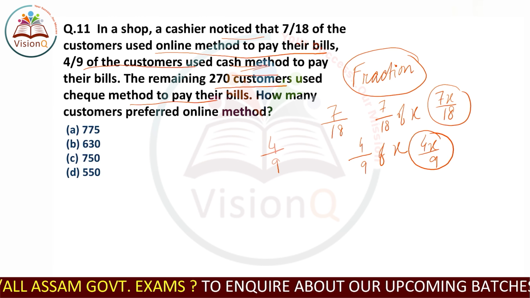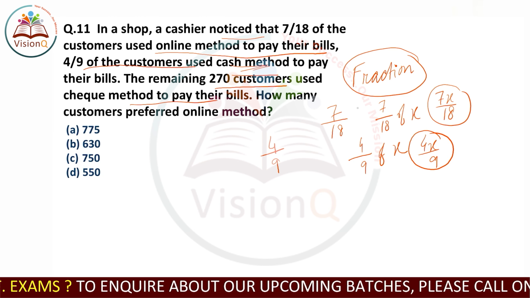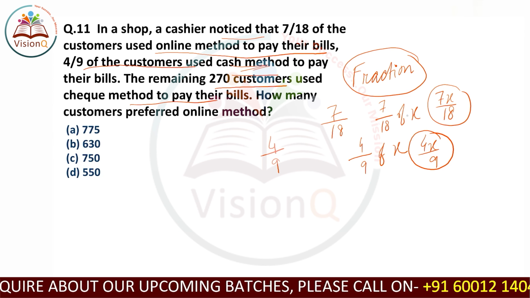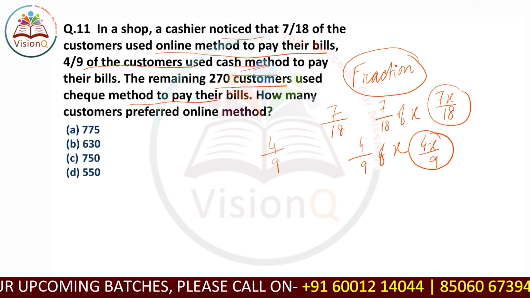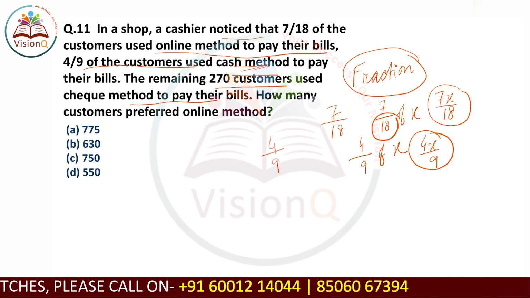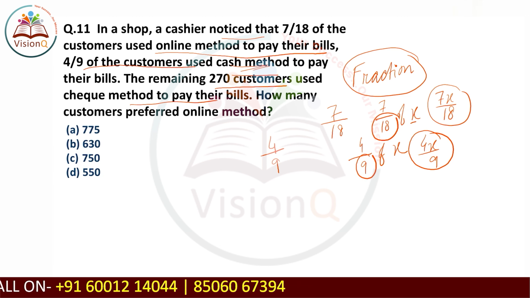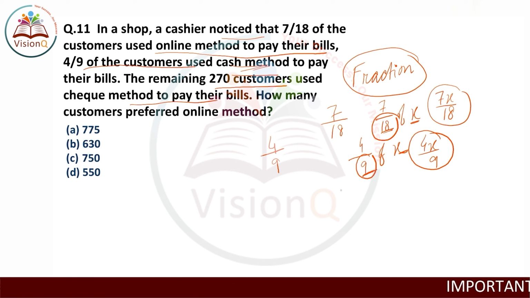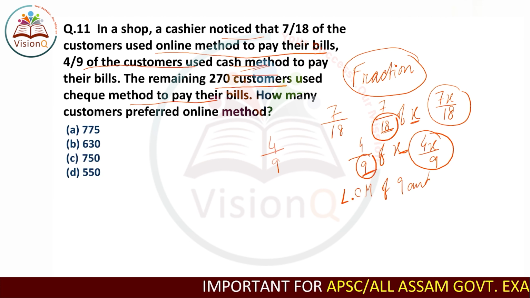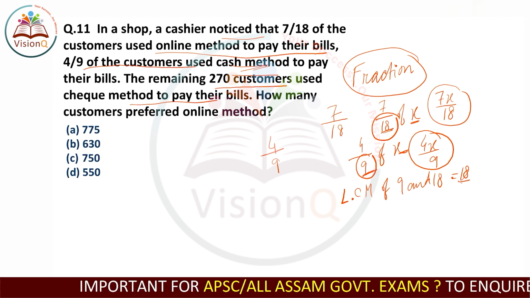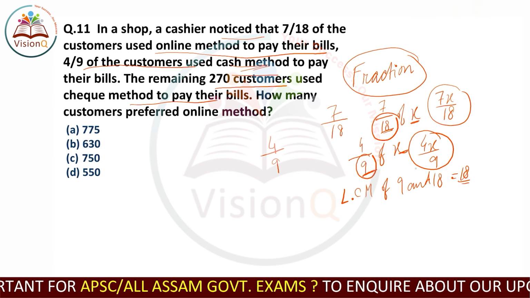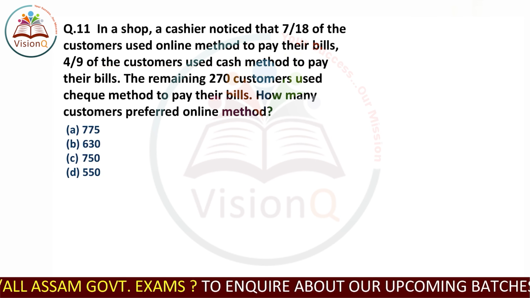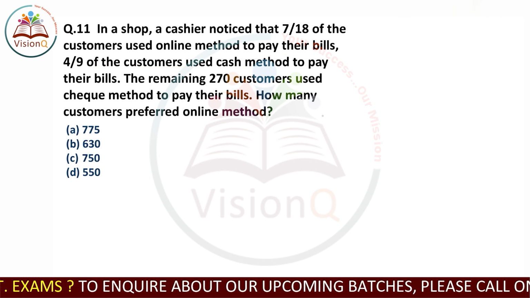To remove this fraction, I can take total customers as a number which is divisible by 18 and also by 9. So I take the LCM of 9 and 18, which is 18, because 18 is divisible by 18 and also by 9. So let total customers be 18.